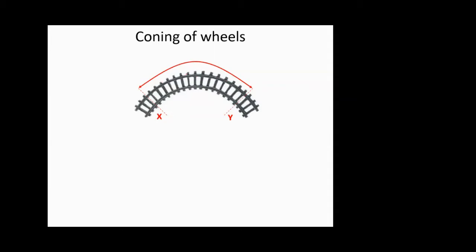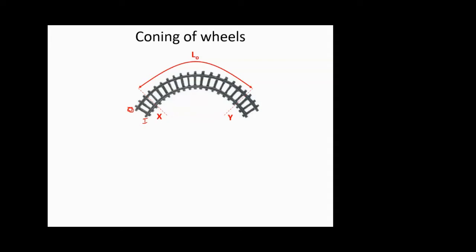So this length, suppose I designate it as L naught. So that will be the length of the outer rail. I am considering that this is my outer rail O and this is my inner rail I.